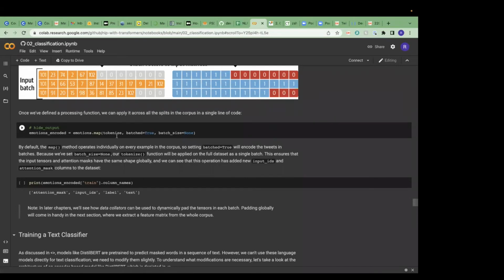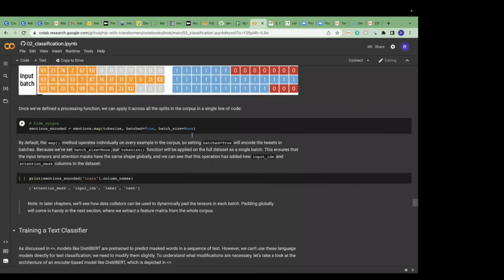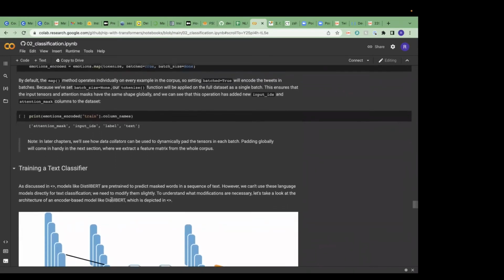You do want to look at the lengths of your sentences before you tokenize the whole data set. But if you tokenize the whole data set, then everything in your data set would be uniform length, which I think they're doing here.